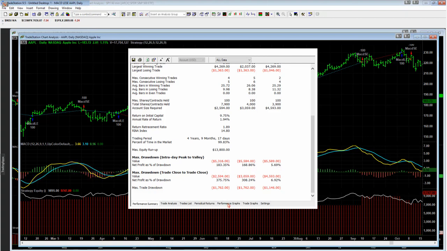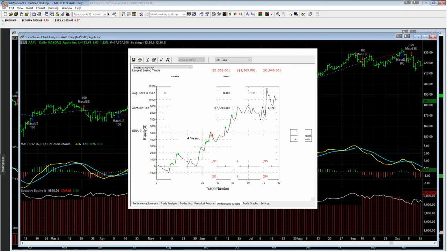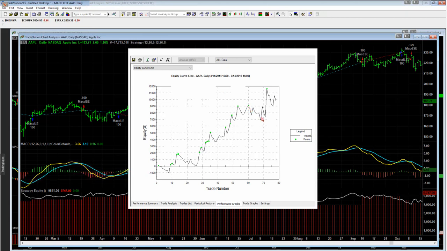Okay, let's go back to the performance graphs. There's a couple of performance graphs I want to show you real quick. Again, the little green dots here are new equity peaks. And those are important to show because you want to consistently be making new high equity peaks within the equity curve just like this. But when you have periods of drawdown, the distance between this equity peak and this equity peak is again a psychological factor.